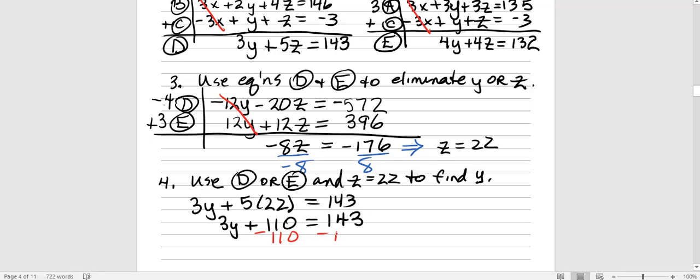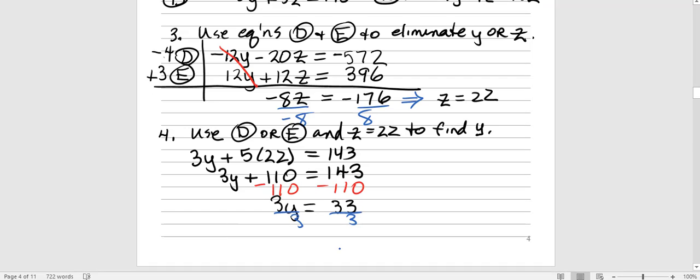Subtract 110 from both sides. 3y is 33. Divide both sides by 3. And I find y is 11.